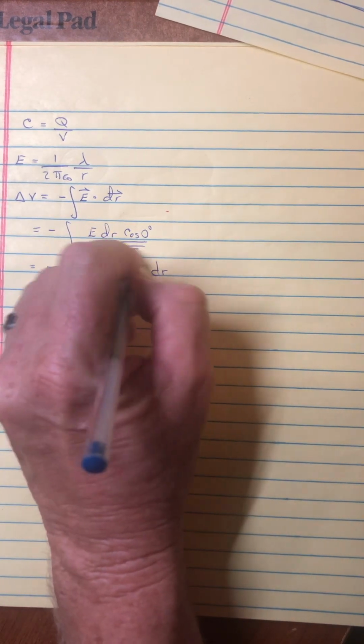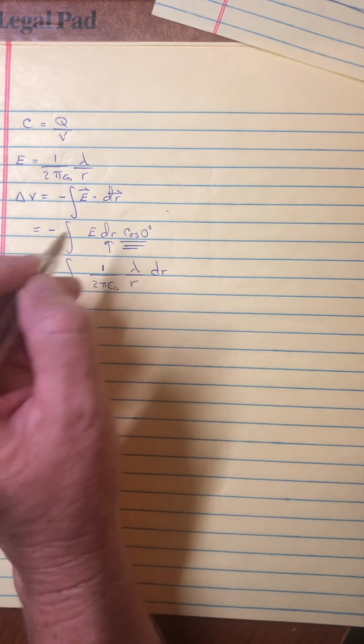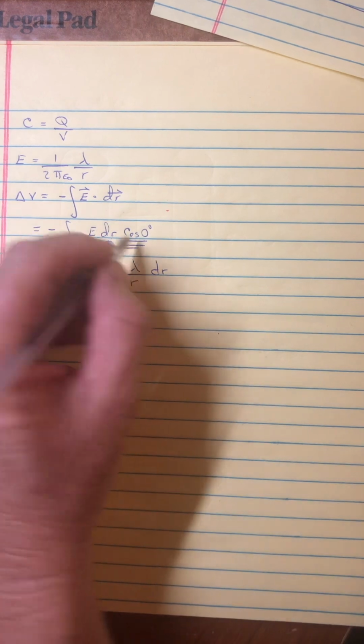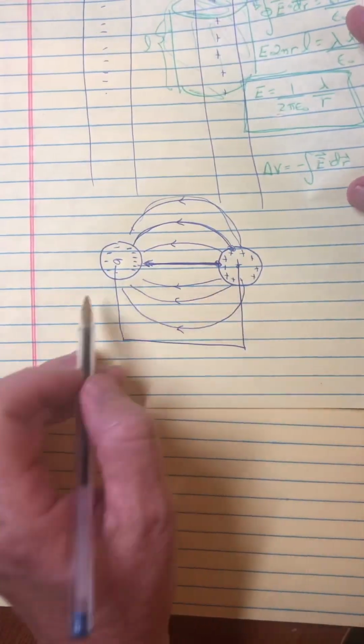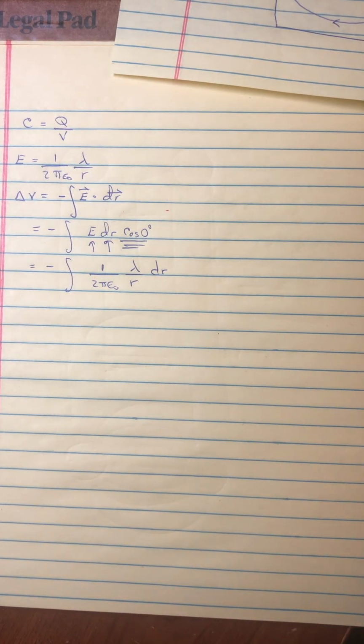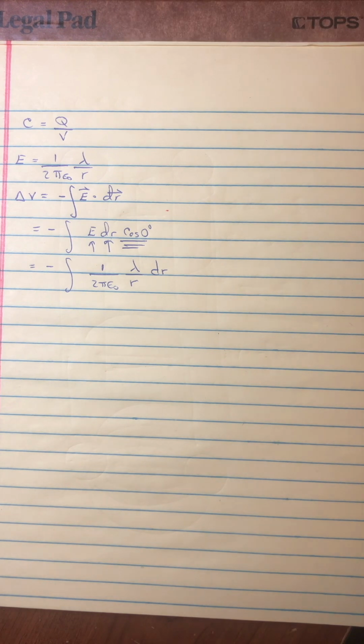I can see the field, and that way the direction of the path I pick and the direction of the field are one and the same, just straight across. So I know the distance, I know the angle, and that's the easy one to do. Any of the other ones, I don't think we even know enough information to do them.